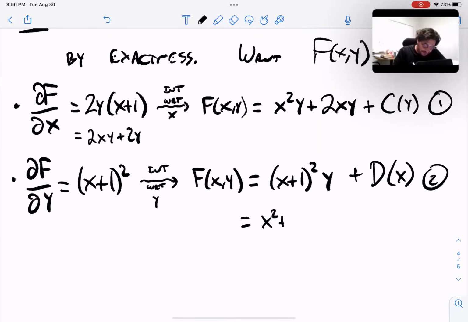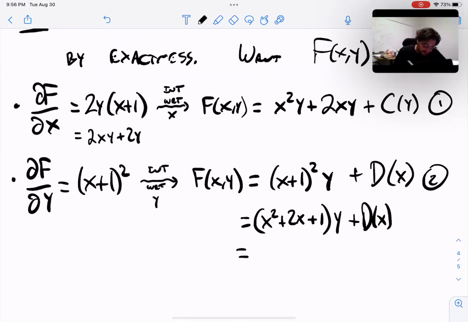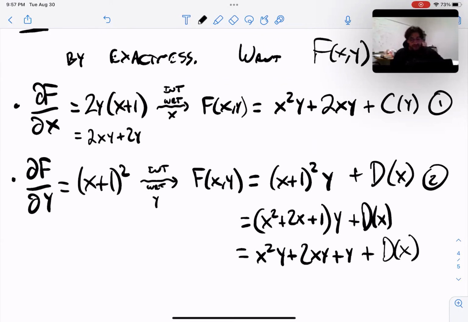If I unpack this a little bit, this equation 2, right? If I do a little bit of algebra there, then I see that a strategic choice of c and d could actually make these match, right? Because if you look at what we have, this equation 1 and equation 2, they already agree on that term x squared y.